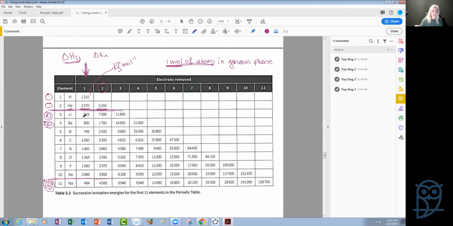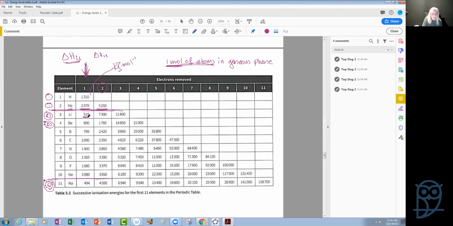Anyway, let us look now whether we see any other pattern here. Let's look at something with more than 1 ionization energy. Let's start from lithium, for example. We see to remove the first electron, we need to supply 519 kilojoules per mole.